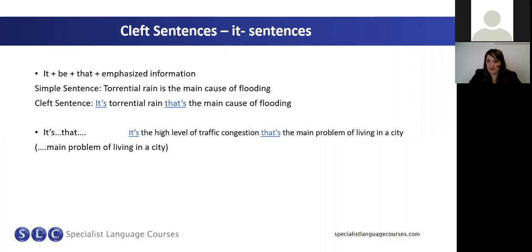Okay, so we've got lots of examples coming through. From Ruben, it's the increase in the population that's the main problem of living in a city. And Geraldine, it's the increasing amount of criminality, so crime, that's the main problem of living in a city.